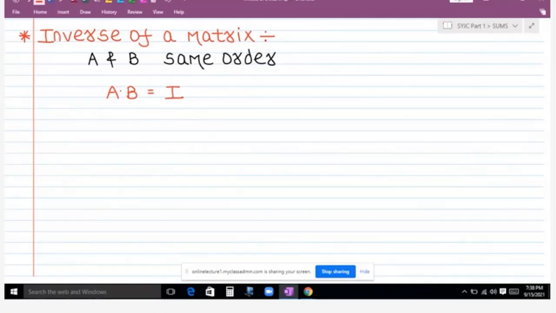I जो है what it stands for? It stands for the identity matrix.